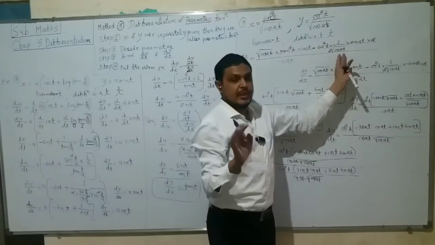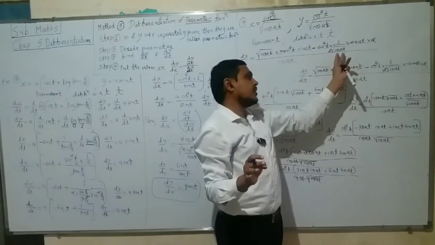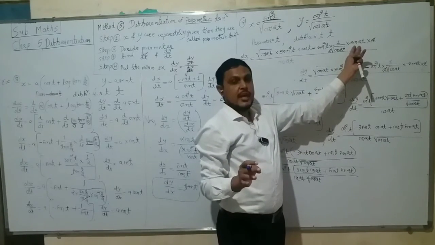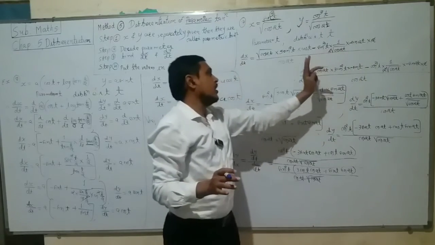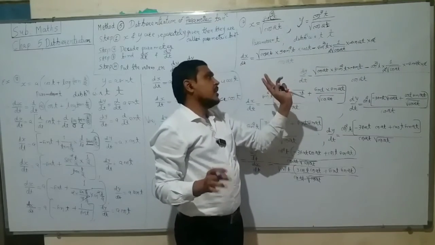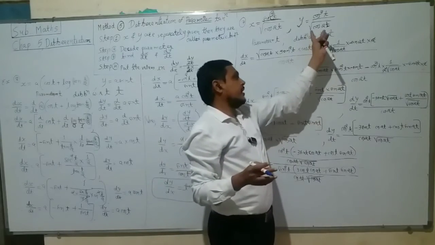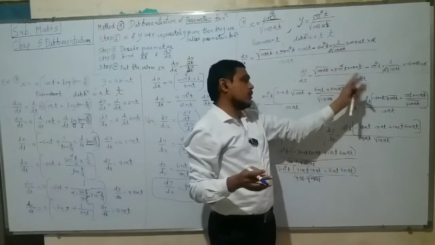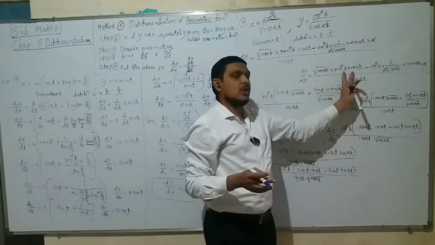Then by the differentiation of the inner function, the differentiation of cos 2t is equal to minus sin 2t, and the differentiation of 2t is 2, upon denominator whole square. In a similar way we can differentiate y is equal to cos cube t upon under root cos 2t. Denominator fix into differentiation of numerator.